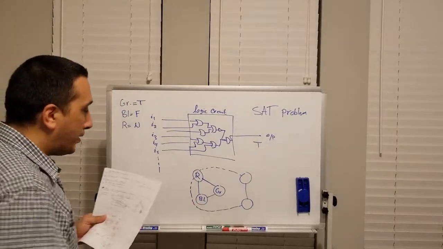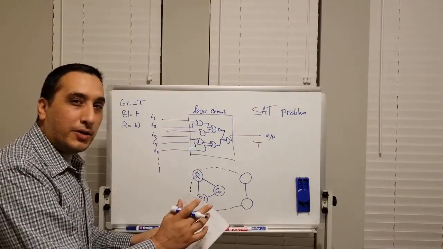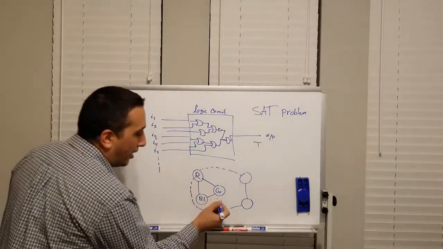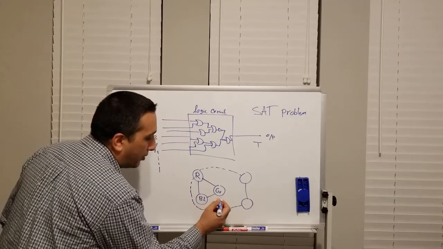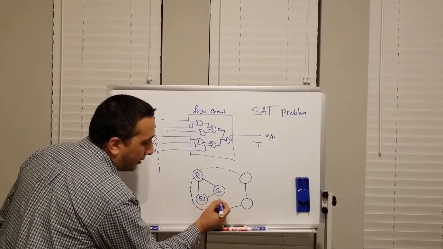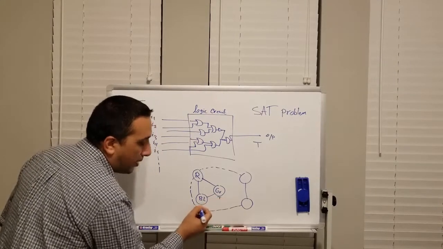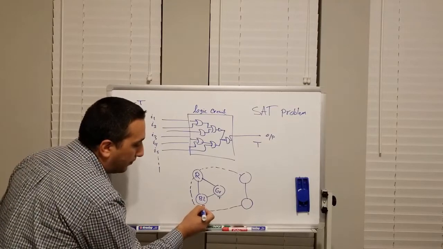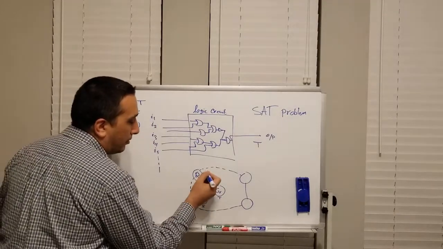And to make the analogy with the logic circuit, we're going to denote underneath that green is true, so T. Blue is false, and red is neutral.